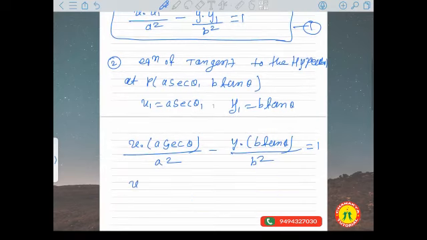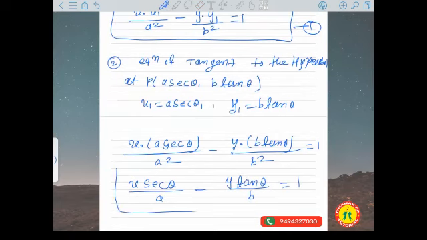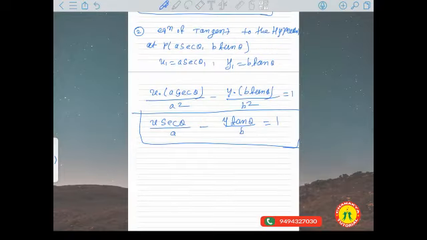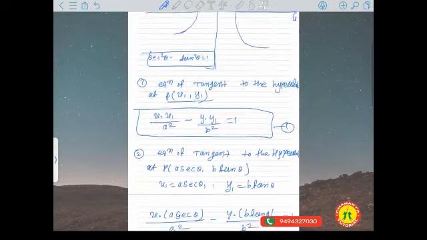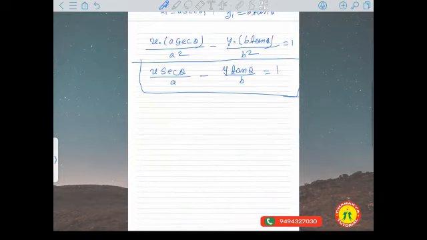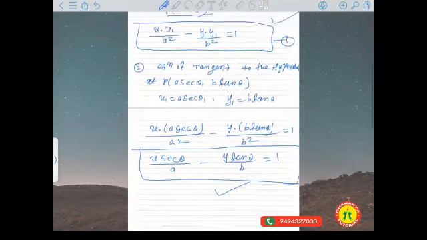So now x sec theta by a minus y tan theta by b is equal to 1. So this is the equation of tangent at point a sec theta and b tan theta. So we need to remember these things: at point x1 how to write the tangent, and at point a sec theta b tan theta, right?